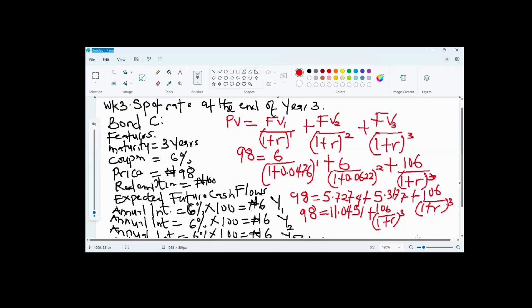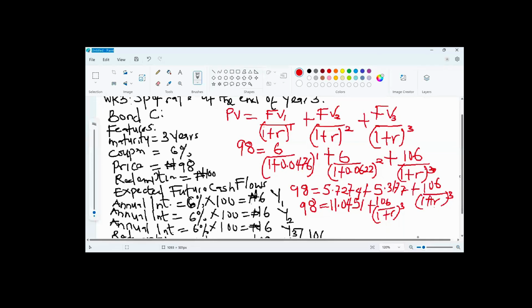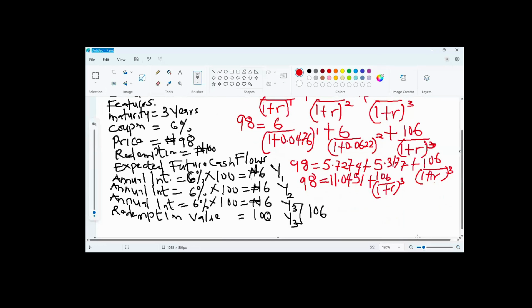I want to shift this. That means I'm going to have 98 minus 11.0451 is equal to 106 divided by 1 plus R raised to power 3.